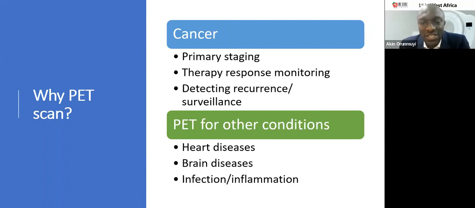And it's versatile for detecting disease recurrence. This is important because when recurrence is detected early, one can do treatment early that prevents other complications or problems down the line. So this is why PET is so useful in oncology.